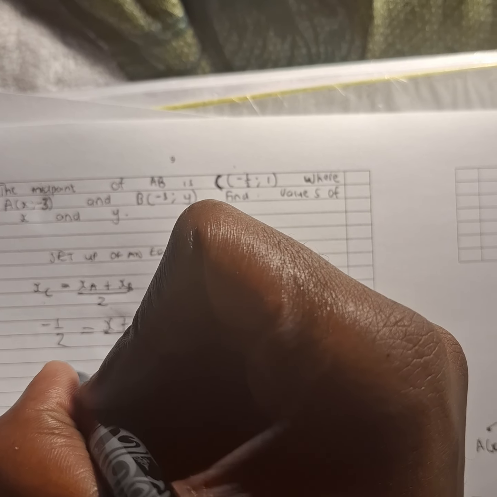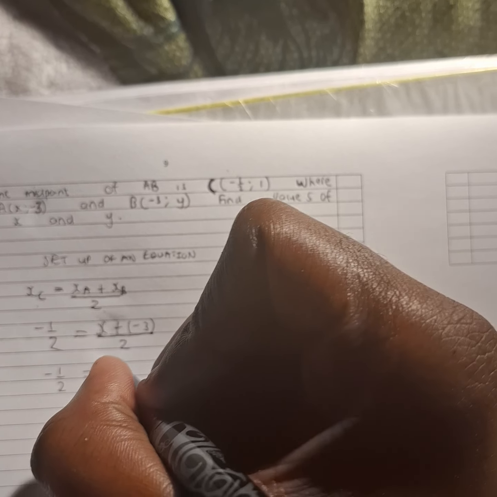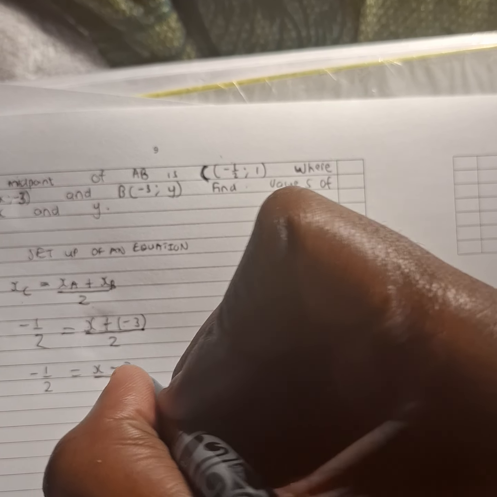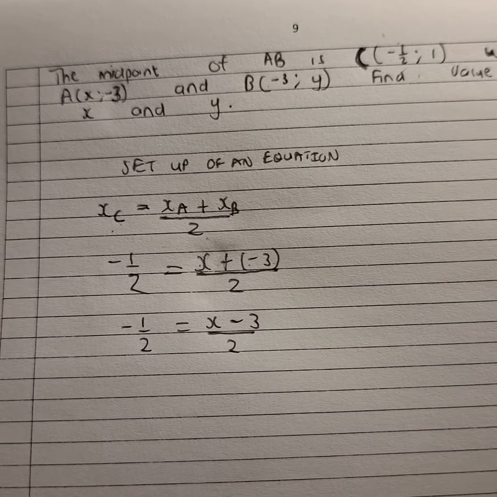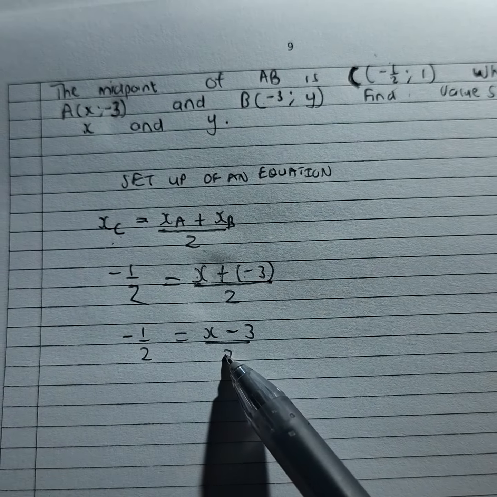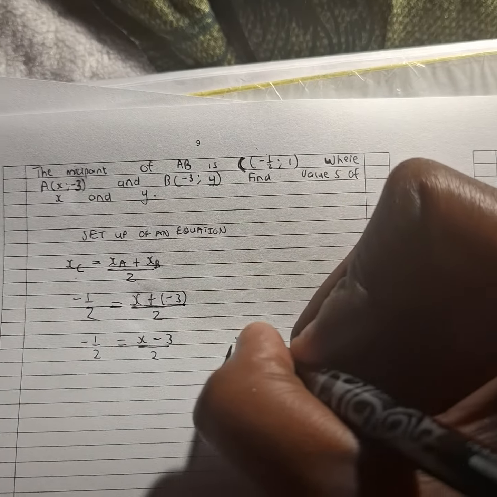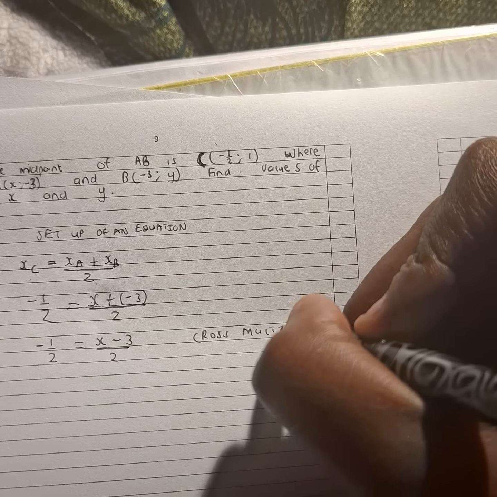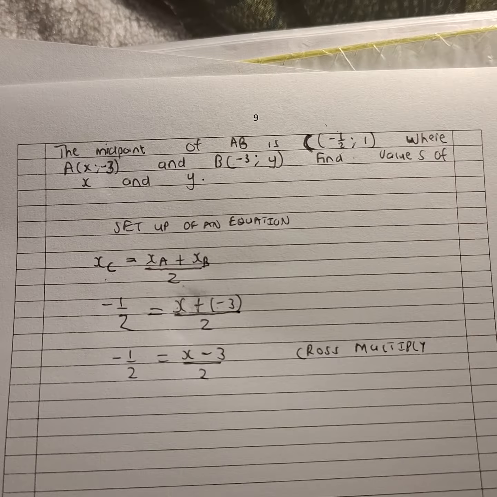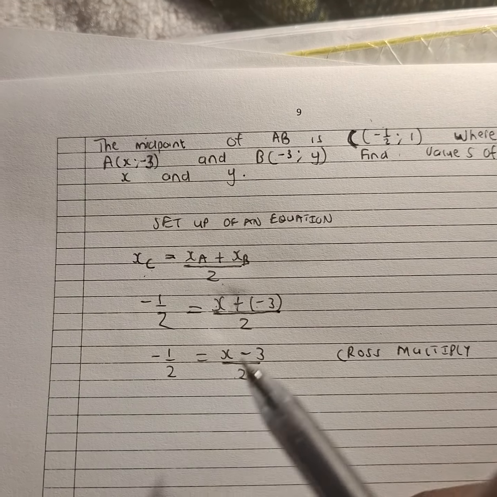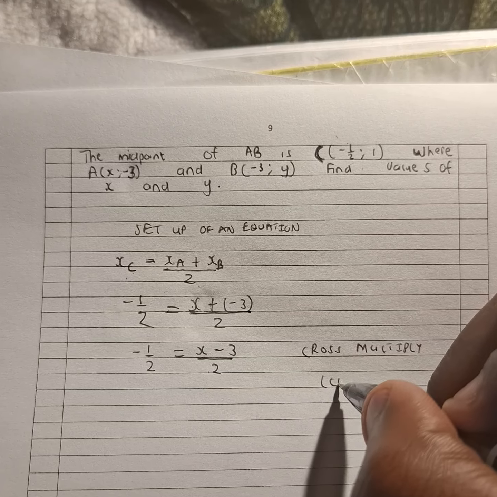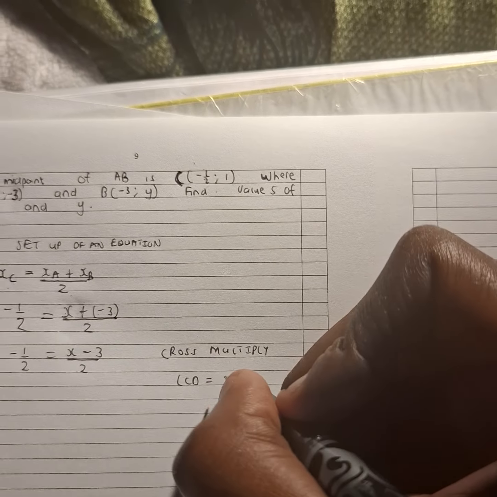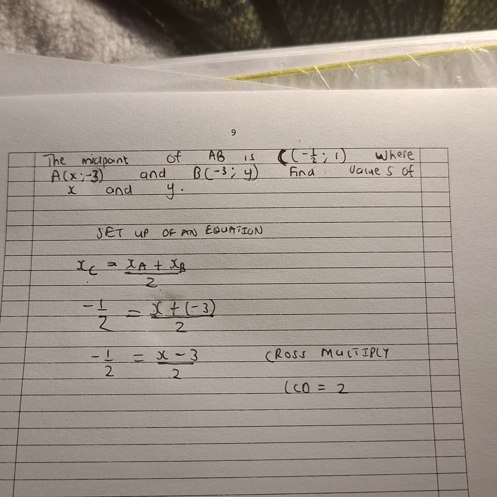So -1/2 is equal to x plus -3, over 2. Our denominator is 2, so what we do is we cross multiply, or we can use the approach of LCD. Our LCD for the equation is 2. What does that mean?